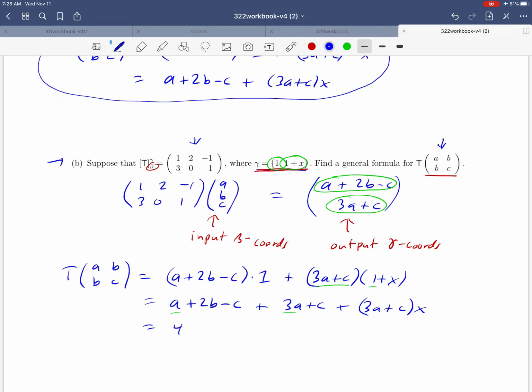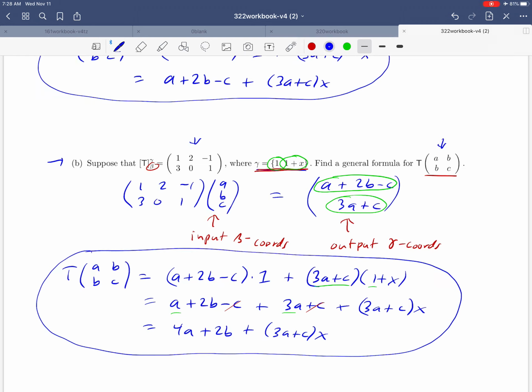That's going to give us a 4a. Kind of nice, the c's appear to cancel out here, and then we're just going to get a plus a 2b. That's about the best we can do, and so there would be the formula for our linear transformation. We were able to figure it out based on the matrix that they gave us.